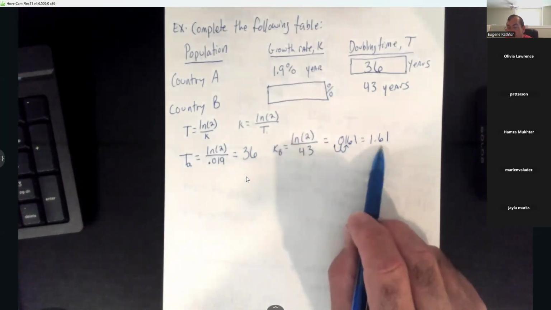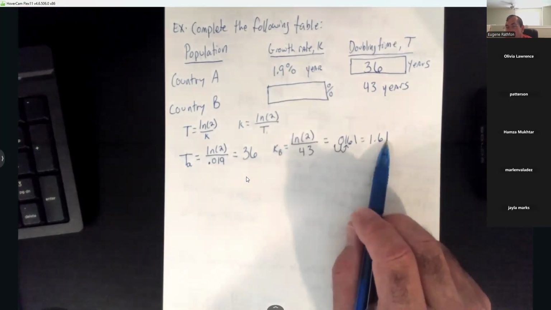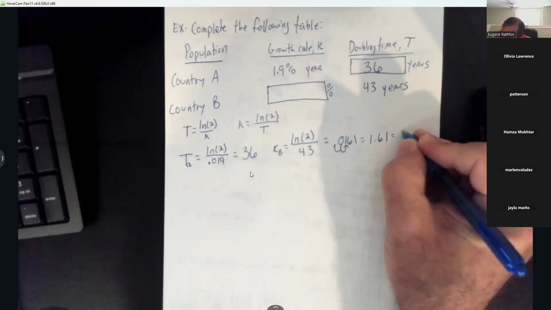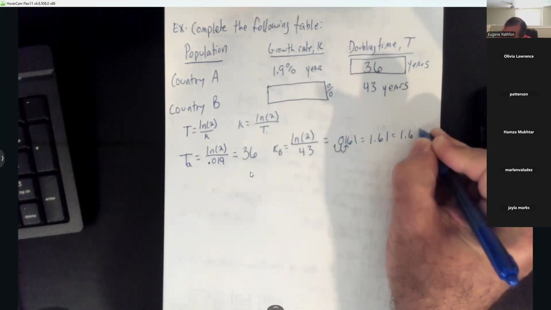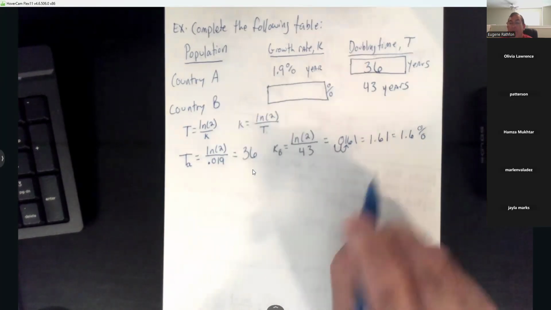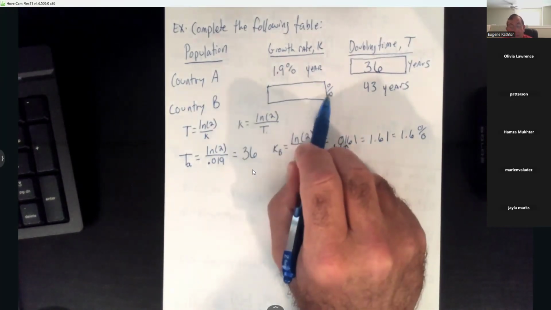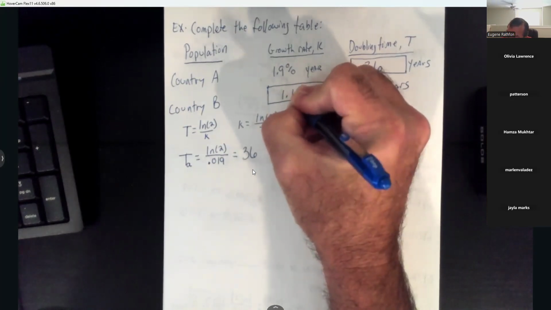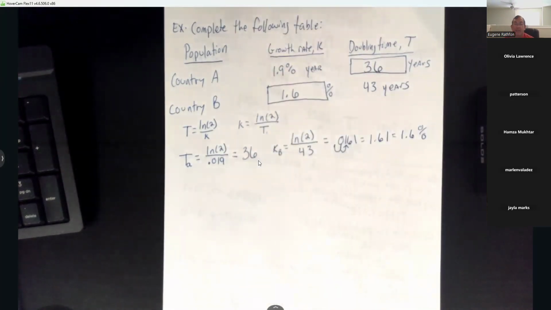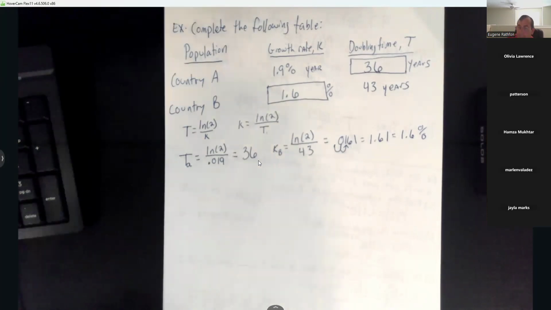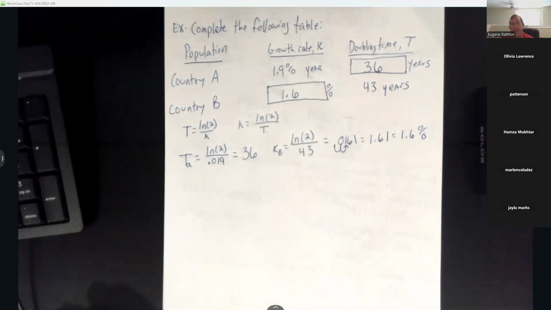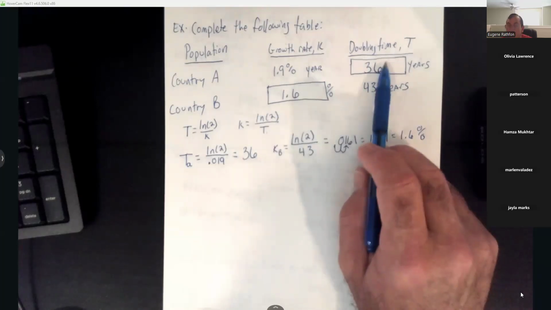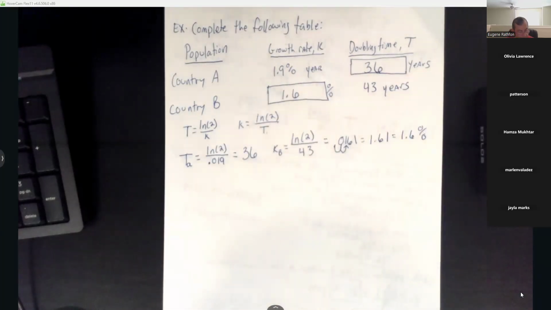After the 6 is a 1, so I'm going to keep that a 6 and make that 1.6%. They've already got the percent, so all we do is put in our 1.6. That was a trick on that one. Just use these two formulas to get those two amounts.